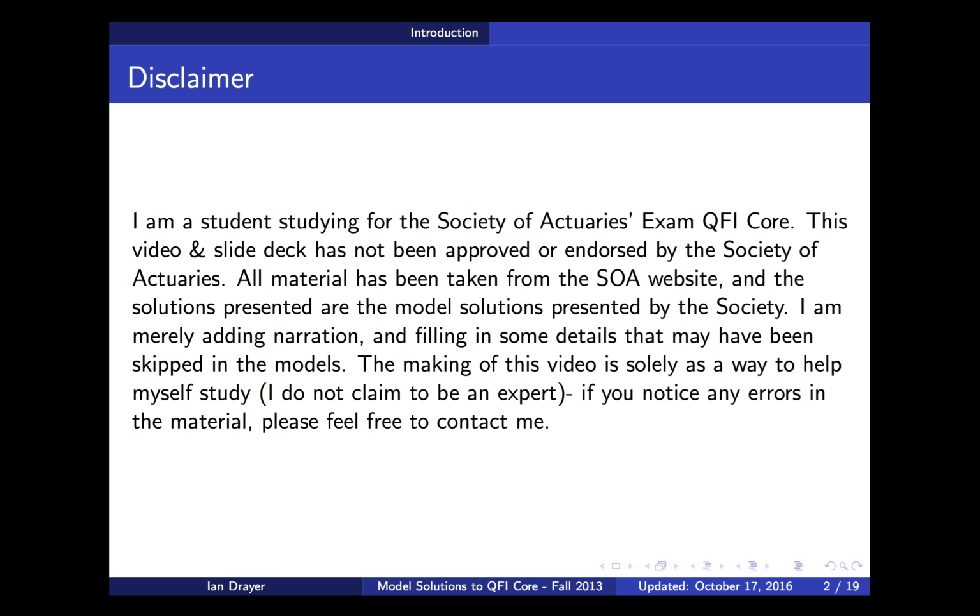I'm merely adding some narration, filling in some of the details in an effort to help myself study and possibly help you do the same. I do not claim to be an expert in this material. As I just said, I'm still studying for this exam, so if you notice any errors in how I'm presenting the material, please let me know.